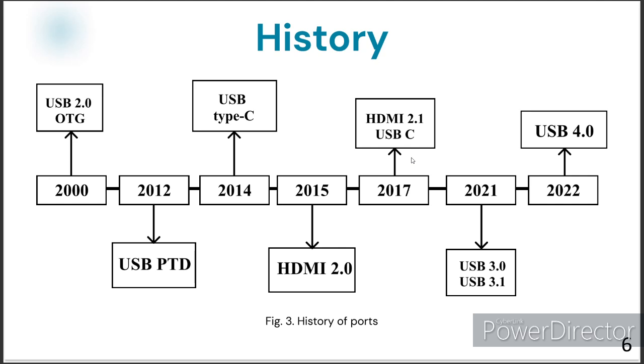In 2000, 2008, 2012, and 2013, different versions of USB like USB 2.0, USB 3.0, USB BTD, USB 3.1 were introduced. In 2015 and 2017, versions of HDMI ports were introduced like HDMI 2.0 and HDMI 2.1, and USB-C was introduced.